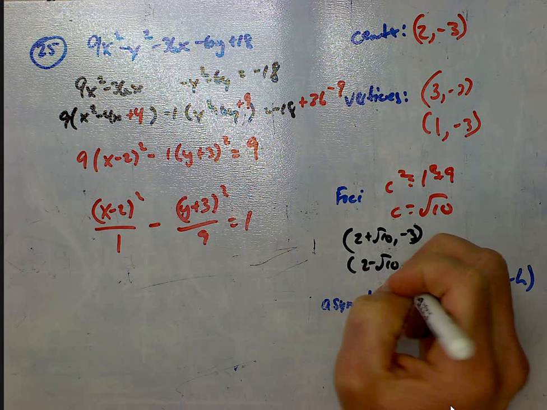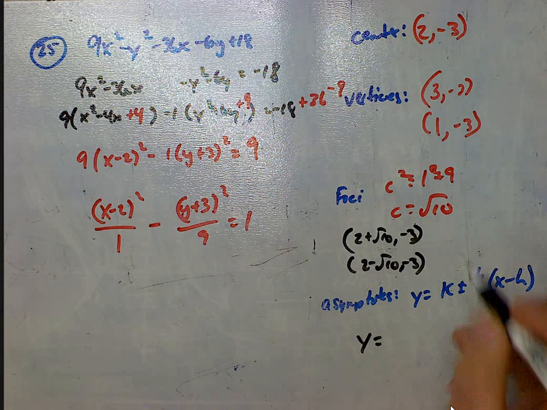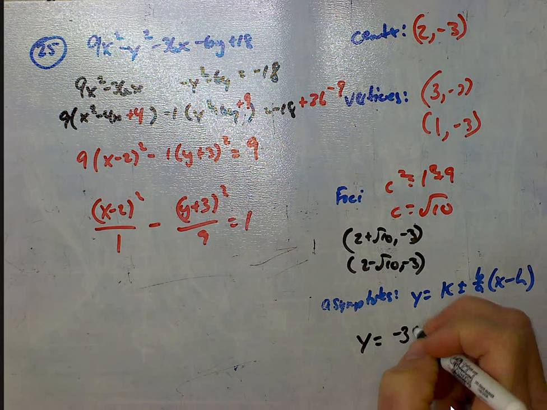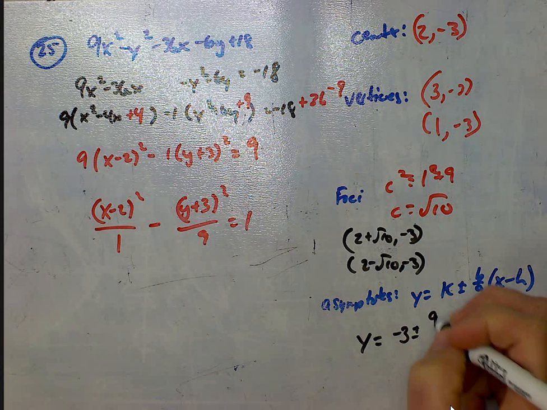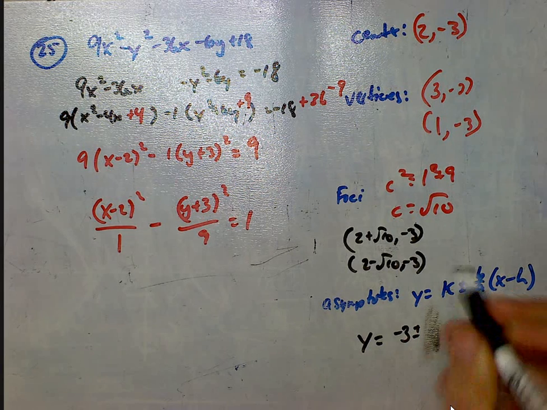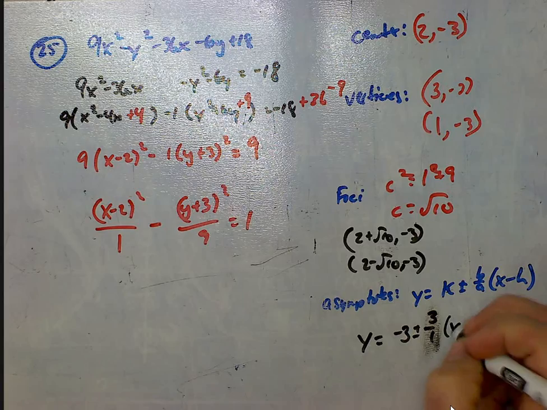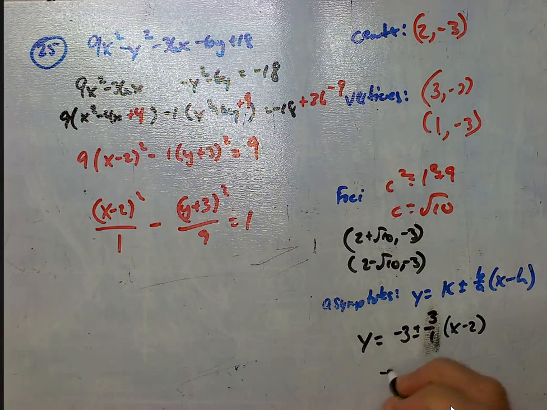For my asymptotes, y equals k, which is negative 3, plus or minus b, which is 9 over 1. Sorry, b is 3, because it's the square root of b squared, times x minus 2. So negative 3 plus or minus 3 times x minus 2 is the equation of the asymptotes.